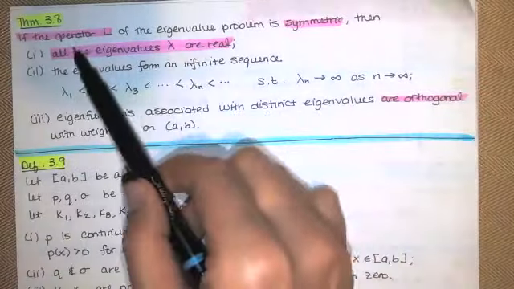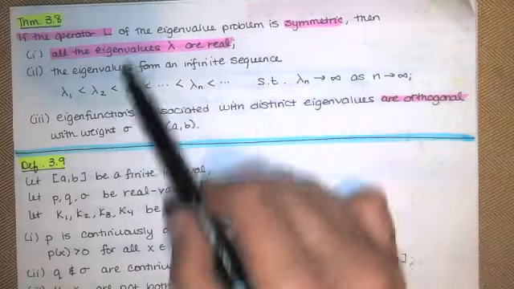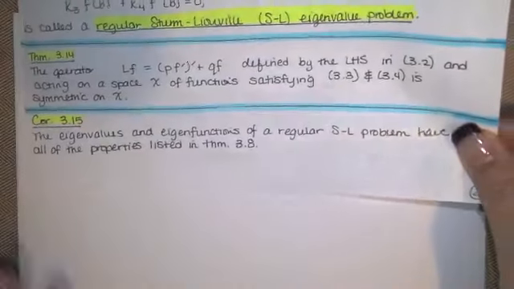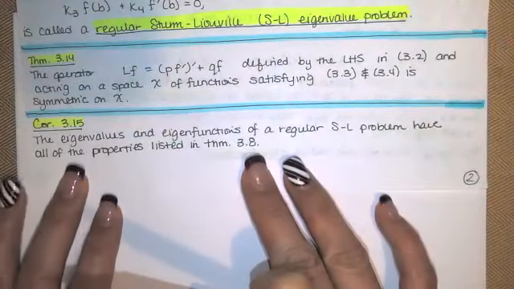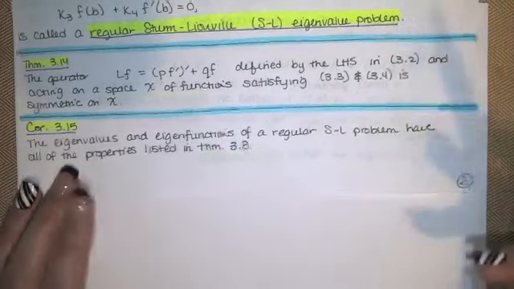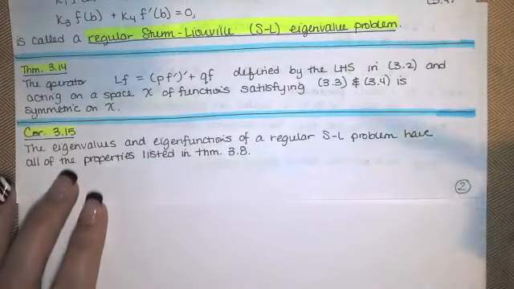And 3.8 says that as long as the operator is symmetric, all of these things are satisfied. And corollary 3.15 says that the eigenvalues and eigenfunctions have the properties listed in theorem 3.8 because the operator is symmetric.